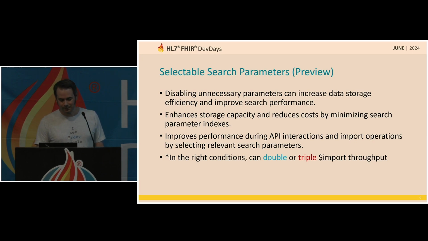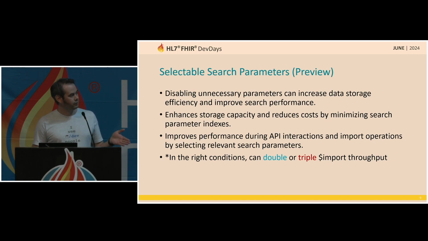Selectable search parameters. Okay, so this one here, we're going to bring back that little fact we were discussing right at the start. So we had the 20 to 30% as data, 70 to 80% is all indexes. Selectable search parameters, which we still consider to be in preview, allows you to turn off the default search parameters from the spec. So if you don't use them, now you have the ability to manipulate those numbers and potentially store even more FHIR resources in that 100 terabytes.